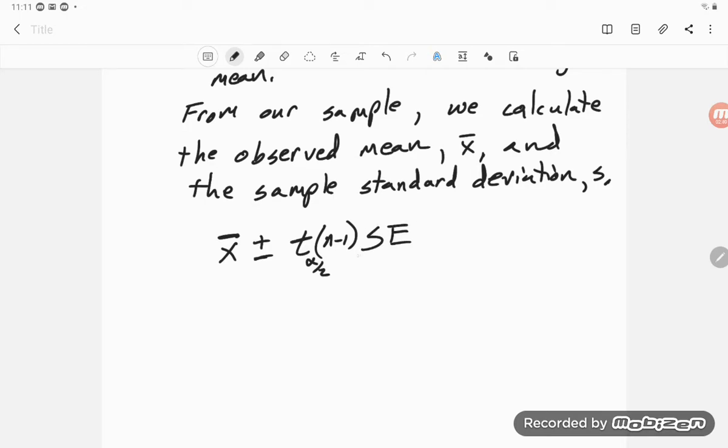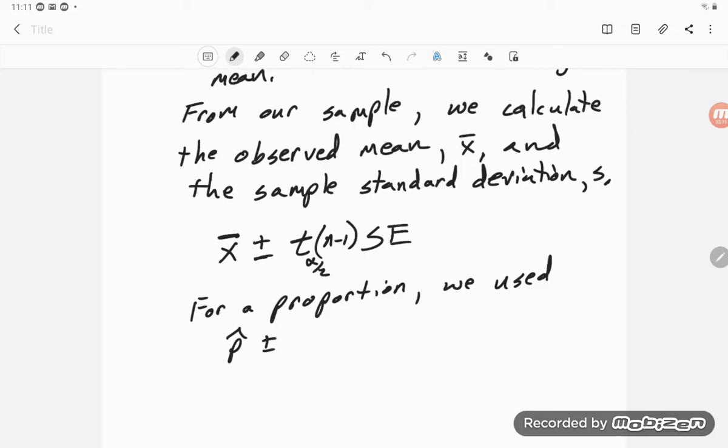Now again, with the proportion, we used p hat. Well, that's basically an average again, right? Number of successes over number of trials. So that was just an average, just like the x bar, plus or minus.